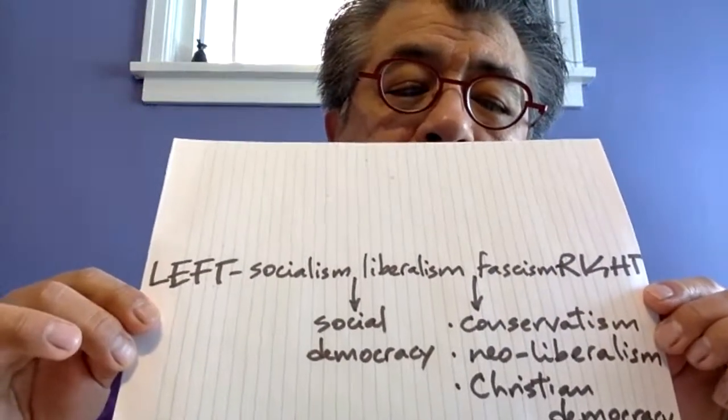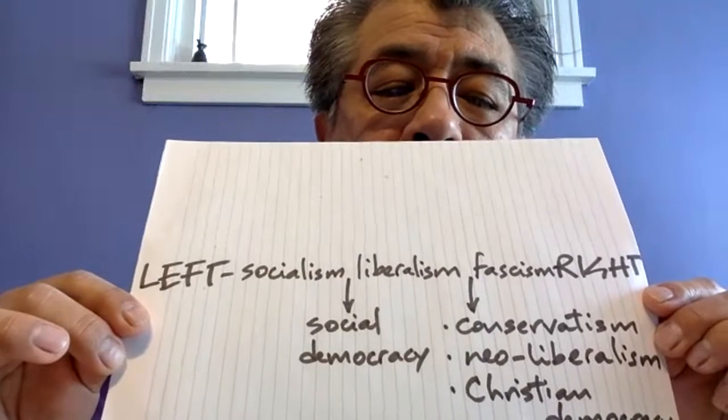But as you can see, in between socialism and liberalism, we find something that is called social democracy. Social democracy is very much what we have here in Canada under the party label, the New Democratic Party. What do they stand for? The New Democratic Party stands for capitalism with a human face, or with social consciousness. They believe in private property.